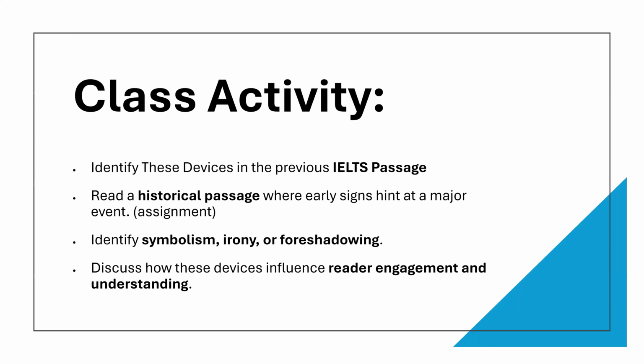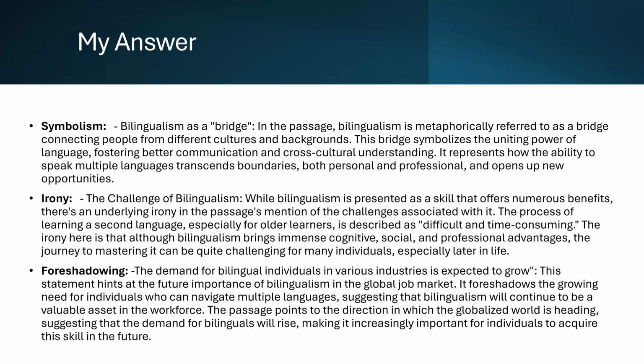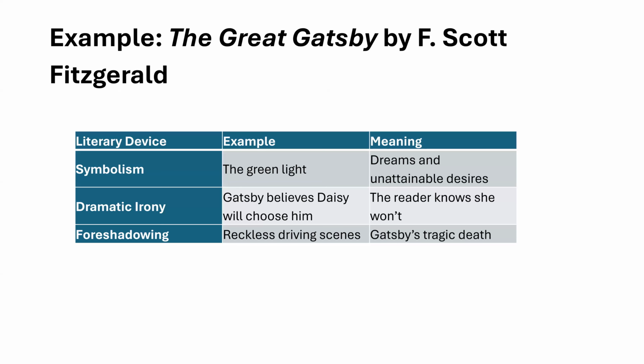The class activity here would be something we already did, but I'd also want you to go back and, rather than use it as a class activity, use it as an assignment where you read some of these passages that I have in the slides, so you can practice and deepen your knowledge.